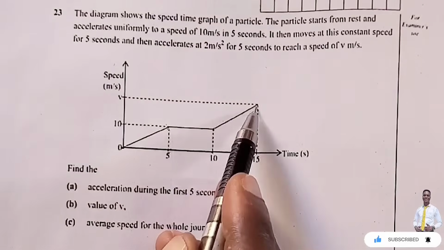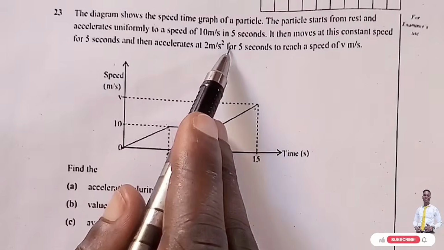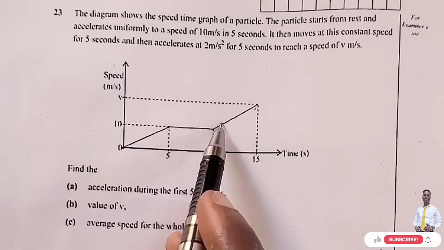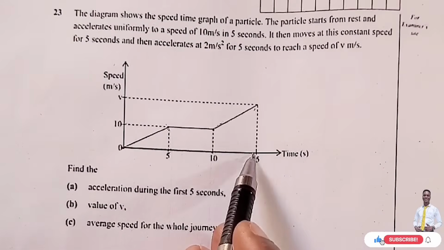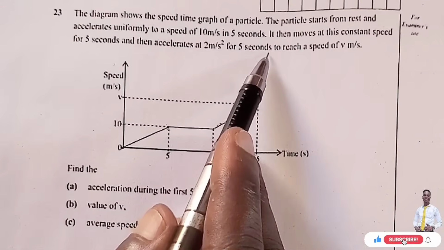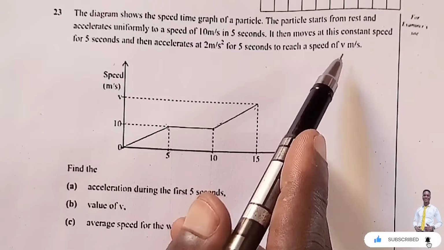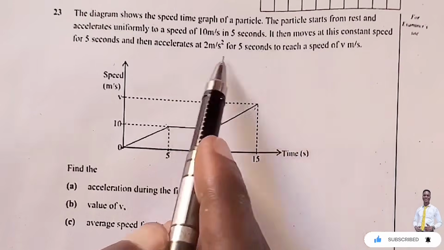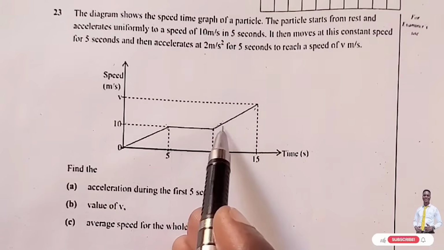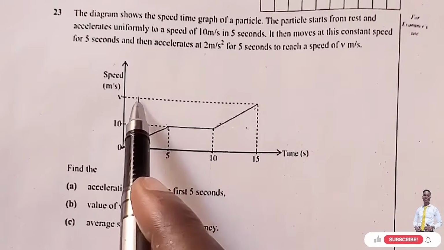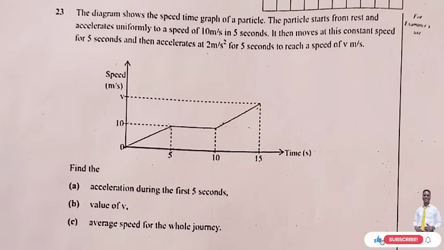Acceleration here is 2 meters per second squared for 5 seconds, to reach a speed of v meters per second. No wonder we've been given acceleration. They want us at some point to find the value of v.